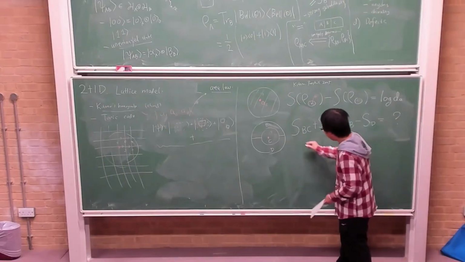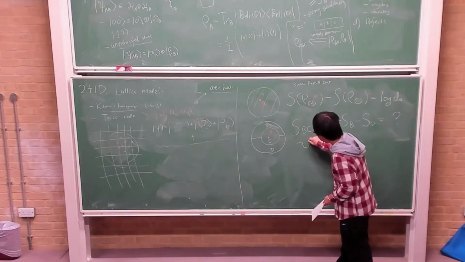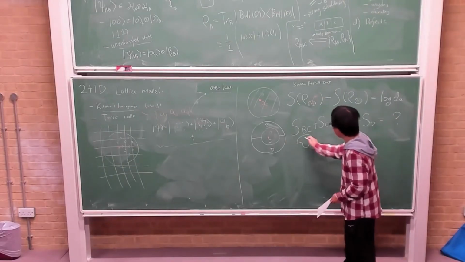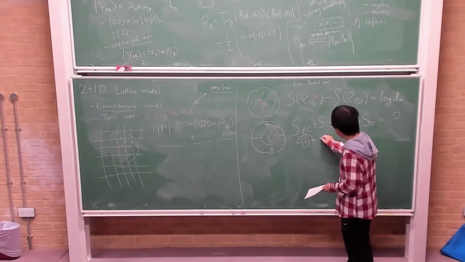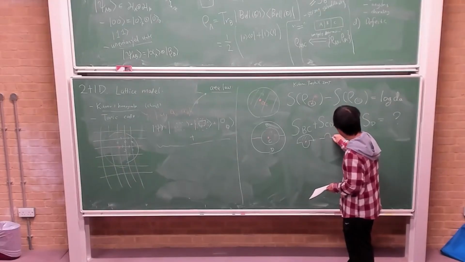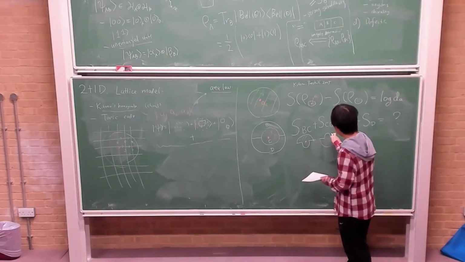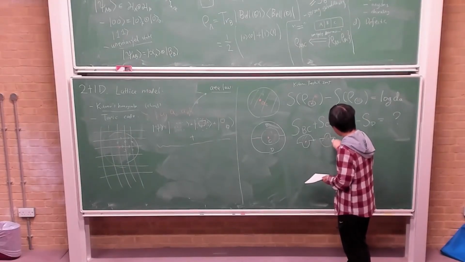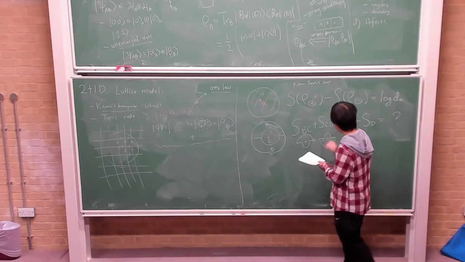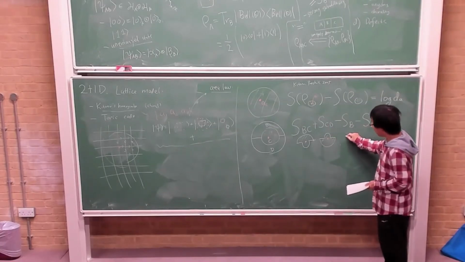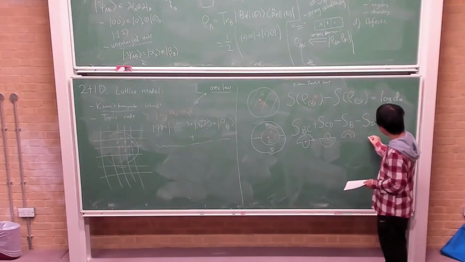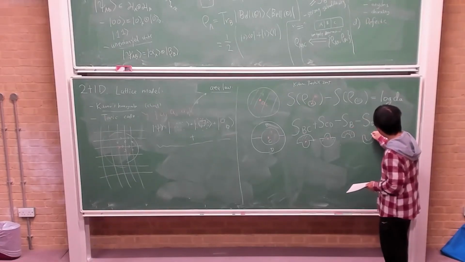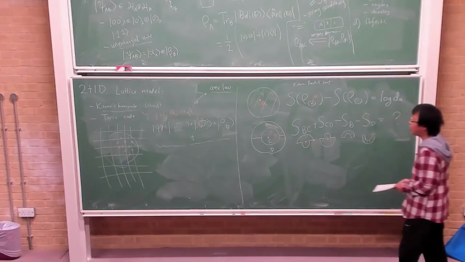If we draw the region, BC is like this. The anion is here. And CD is like this. And B, what is B? And D is this.